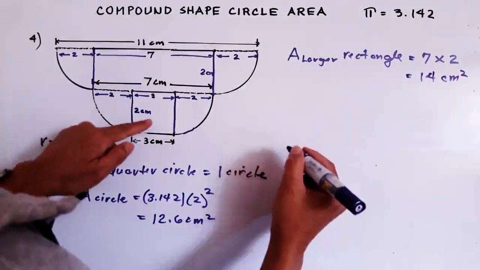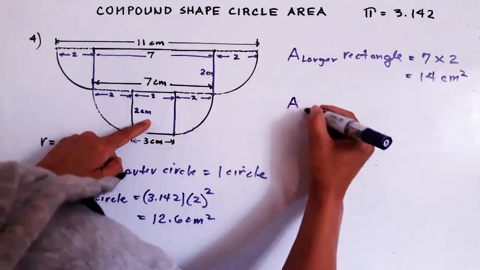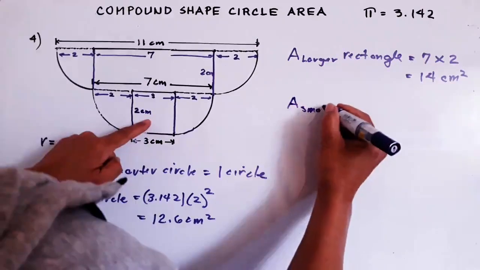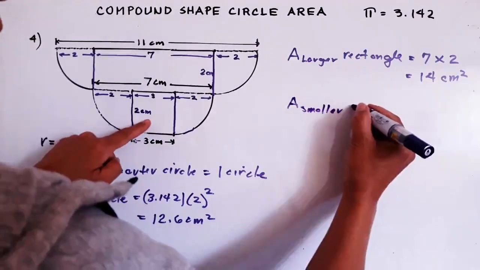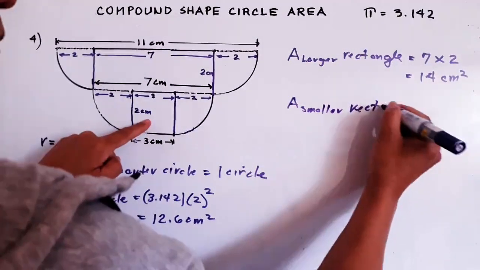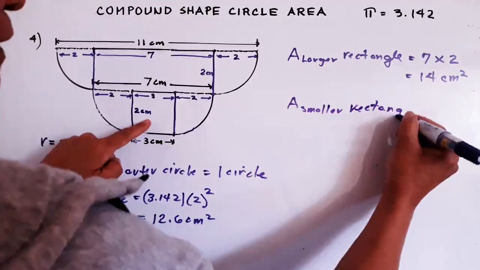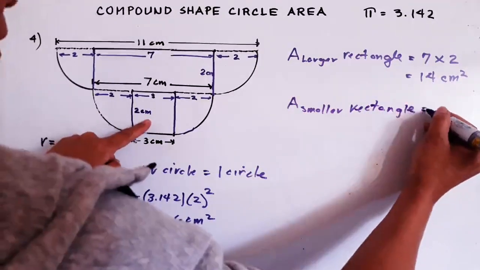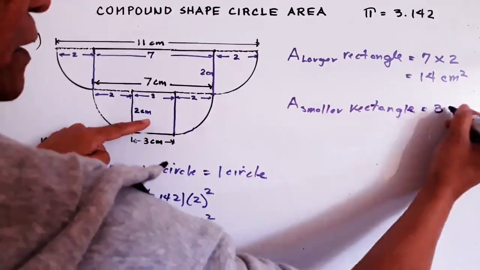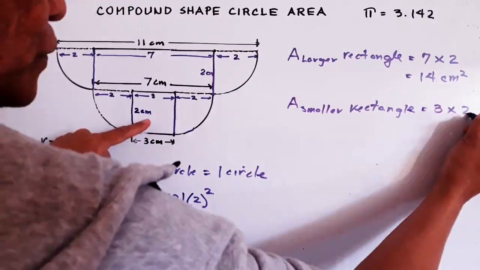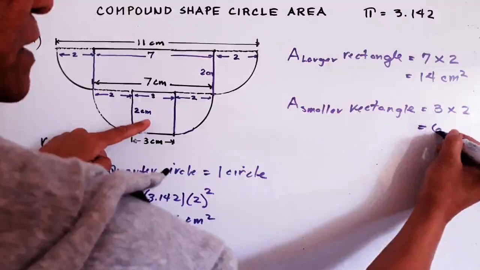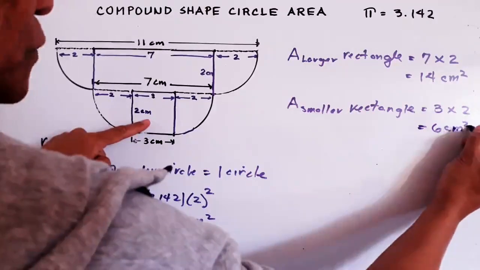What about the smaller one? So the area of the smaller rectangle, why am I always saying triangle? Rectangle. So it is 3 by 2. So this one is 6 cm squared.